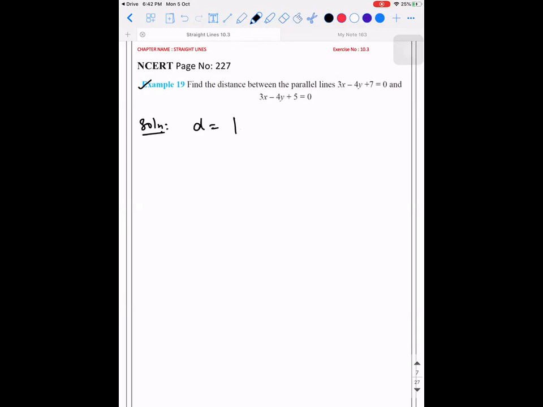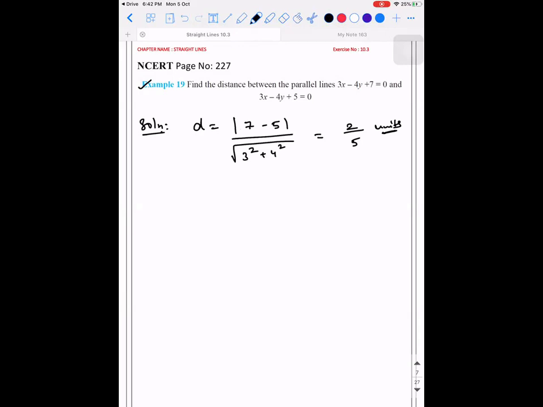So what will be the answer? 7 minus 5 divided by root of 3 square plus 4 square, that will be 2 by 5 units. So d is equal to 2 by 5 units.